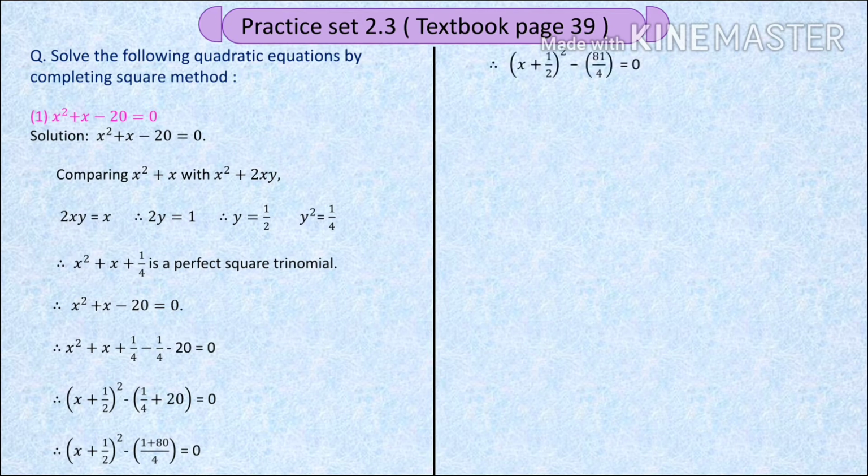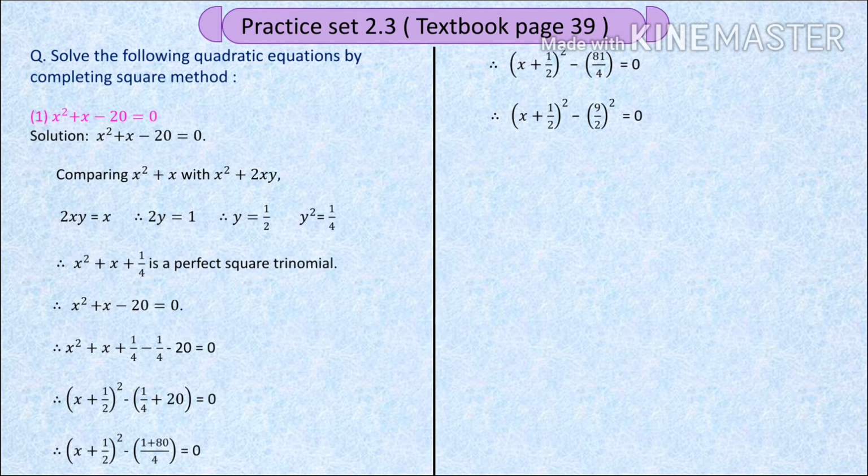Therefore x plus 1 by 2 whole bracket square minus 81 by 4 is equal to 0. Then 81 by 4 is the square of 9 by 2. So we can write x plus 1 by 2 whole bracket square minus 9 by 2 whole bracket square, which is equal to 0.